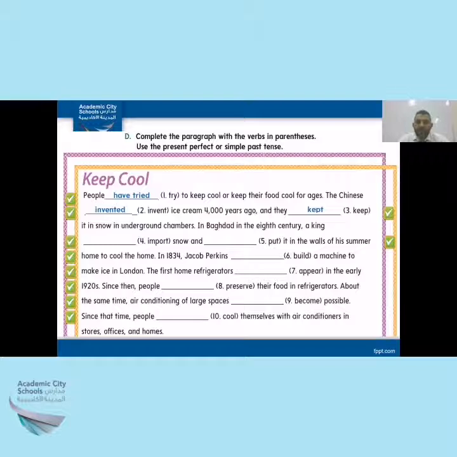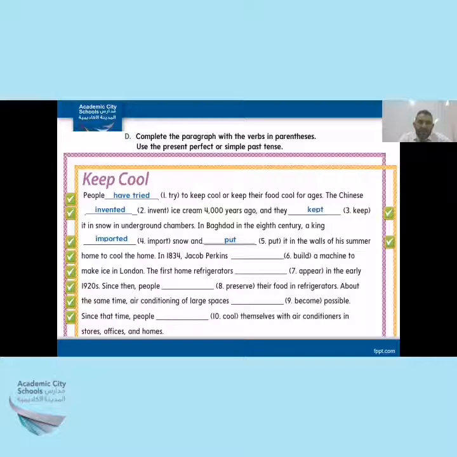In the 8th century, past time. So we use the past simple of import, imported. Just add ed because import is a regular verb. And put as it is, the verb 2 of put is put, the same.